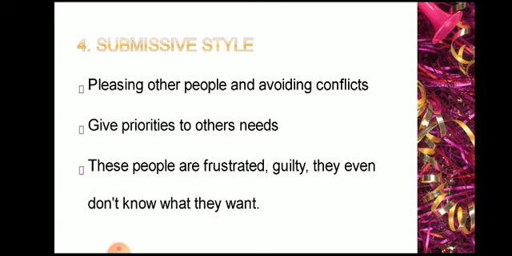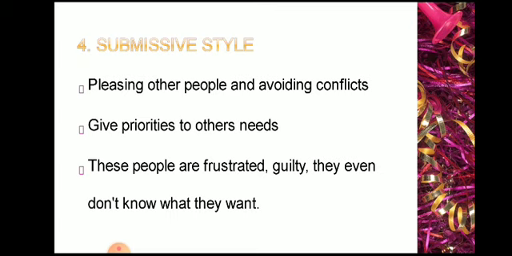Such people are called submissive, and these people are generally frustrated and guilty. They even don't know what they want. This is the most important sentence. Submissive style of people: if you say, sir, I have this style of communication, I used to please others, but generally what is behind it?